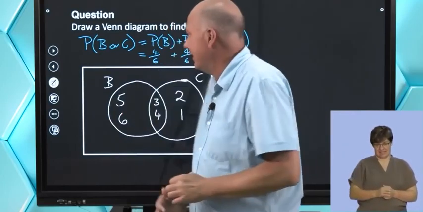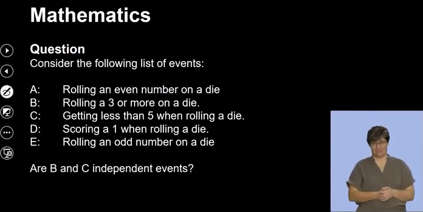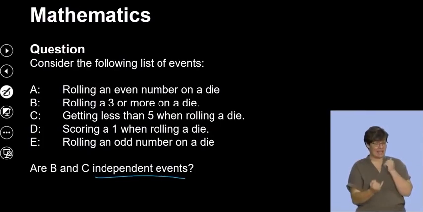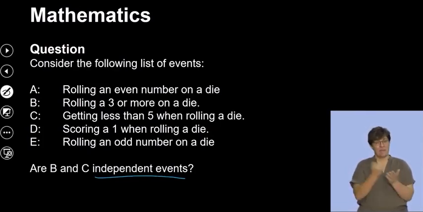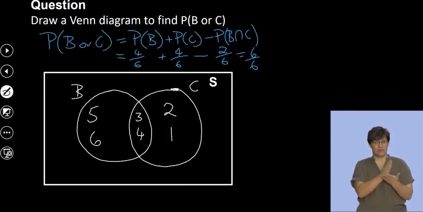Very good. Now, the last thing we're going to ask ourselves is, are these events independent? And we have to be careful when we're doing this independent calculation. So let's just make sure that we've got the calculation over here.